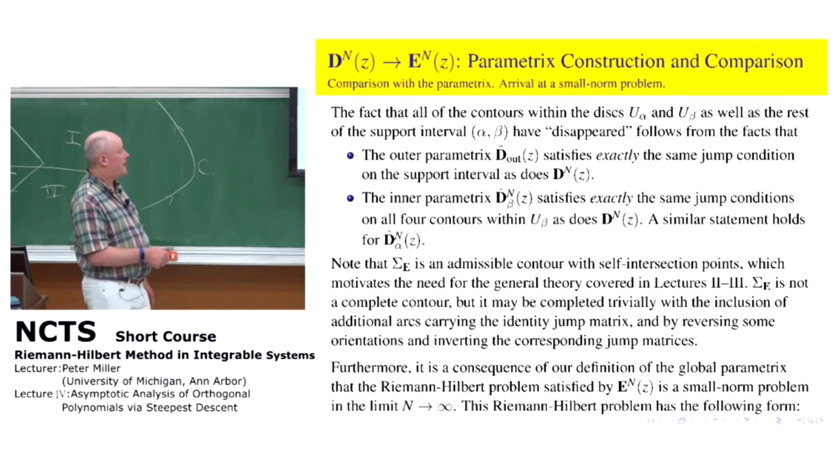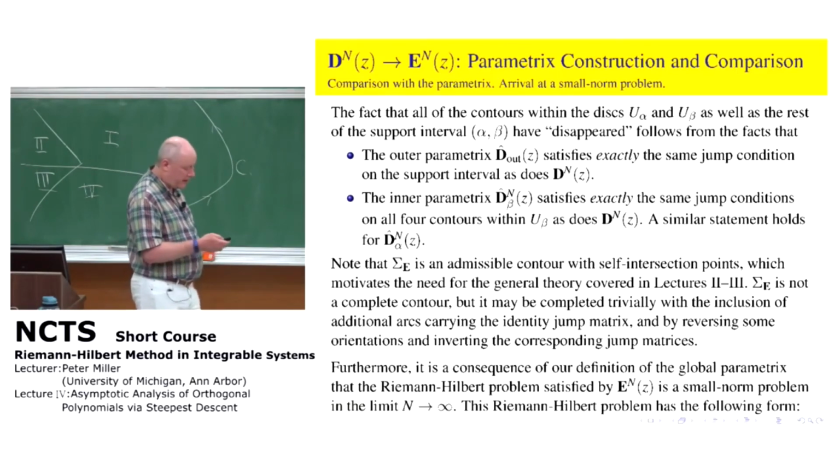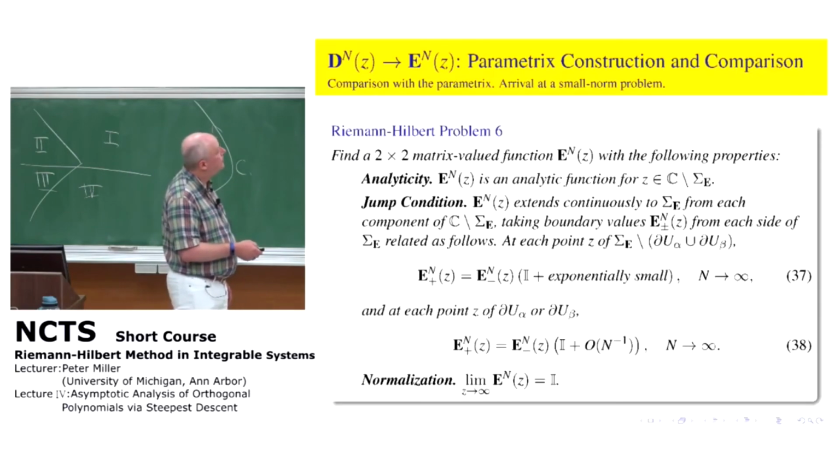And furthermore, it's a consequence of our definition of the global parametrics that the Riemann-Hilbert problem satisfied by this E_n is a small norm problem when n is large. So let's write down what the E_n problem is.